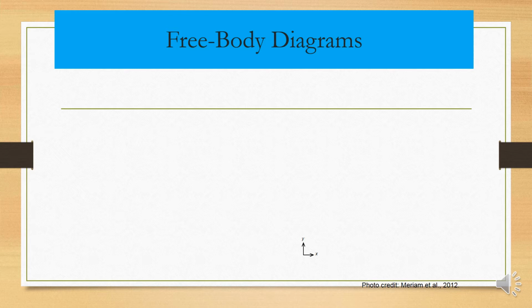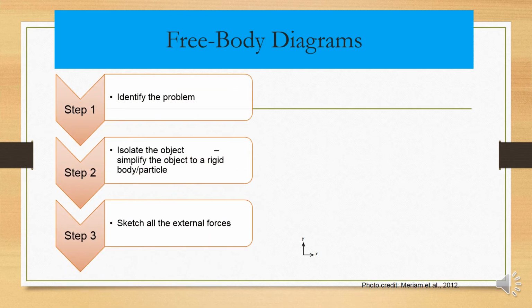For your information, a free body diagram is a diagram which we simplify from the schematic diagram in order to solve that particular problem. To construct the free body diagram from the schematic diagram, there are 3 important steps. The first one is to identify what the problem is.